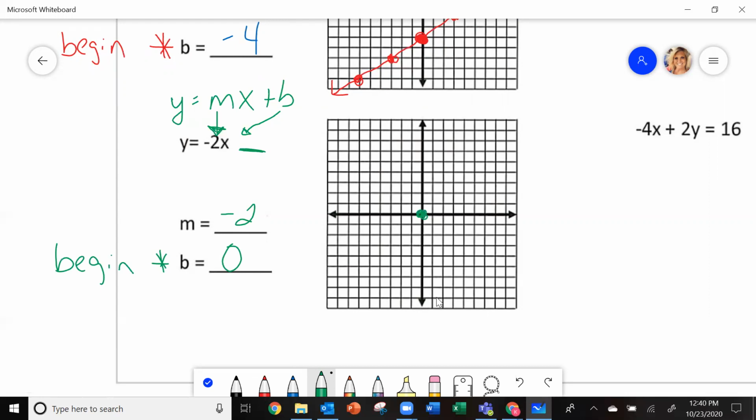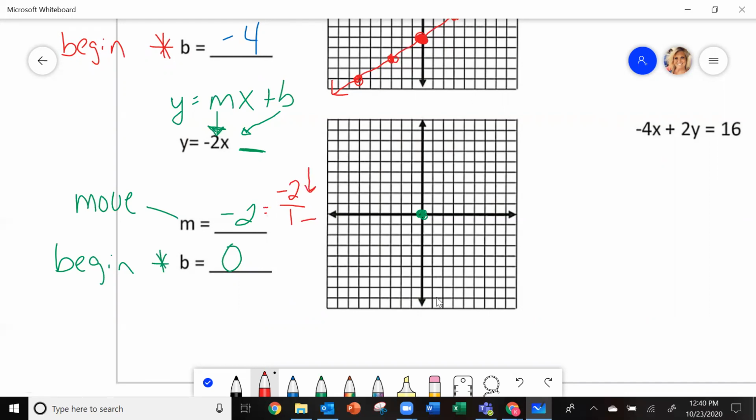Now, the way I move, it's supposed to tell me how many up or down and then to the right. If it is a whole number, you are going to rewrite it as a fraction. So you're going to write it as -2 over 1. Any whole number can be written over 1. Now, the top number is negative, so I'm going to go down.